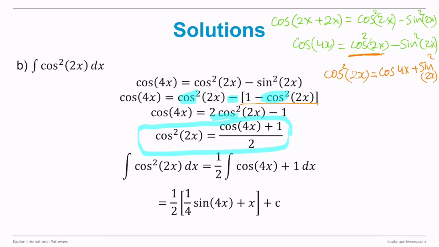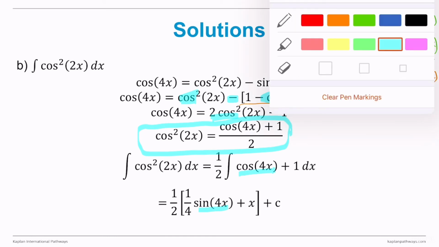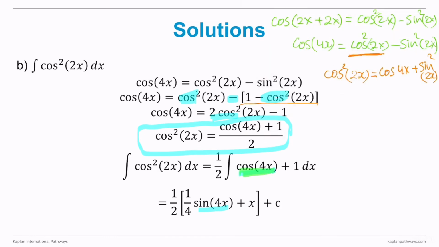The integration for cosine 4x is sine 4x divided by the derivative of 4x, which is 4, and plus the integration for 1 is x, and therefore plus c.